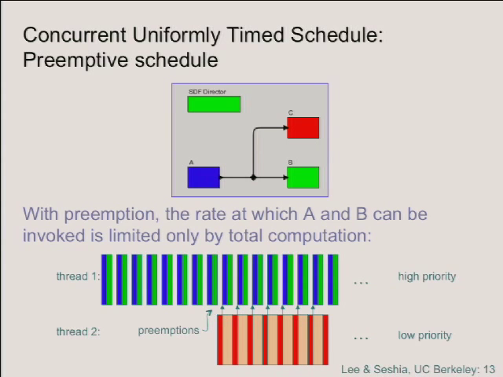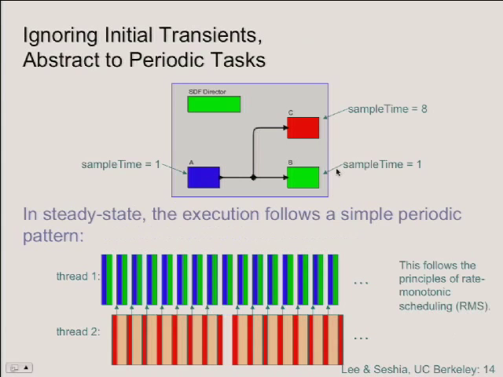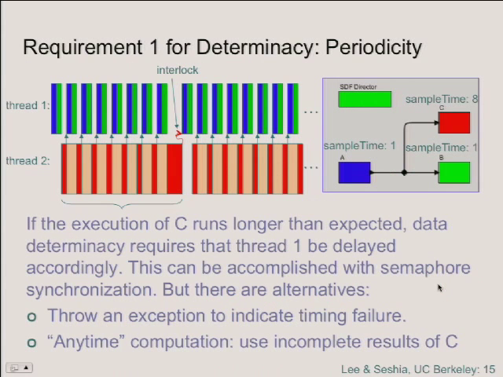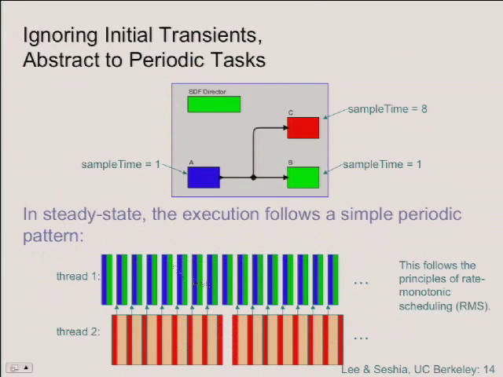Okay? All right, so in steady state, as this thing repeatedly executes on a single processor, we could get a schedule like this, okay, and it will in fact be following rate monotonic principles. Of course, this schedule is kind of idealized because it assumes that the execution time of this red block is exactly 8 times the execution times of each of the blue and the green.